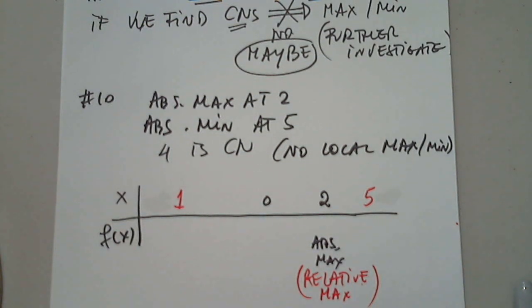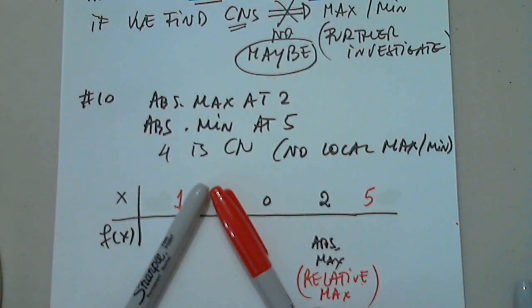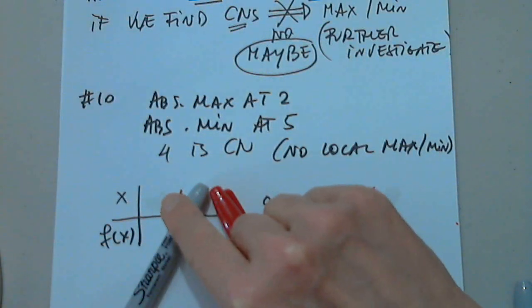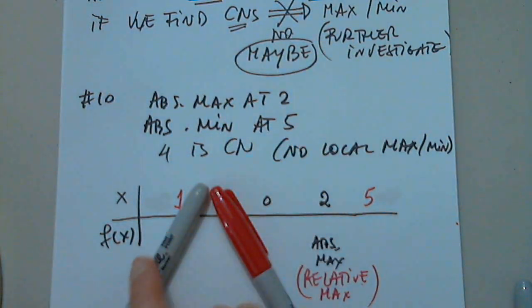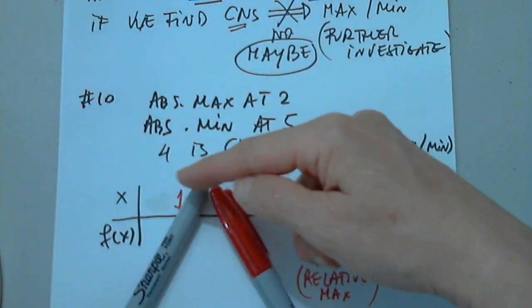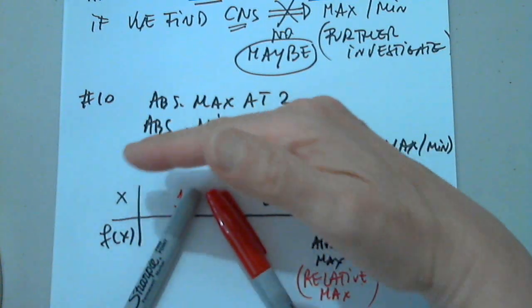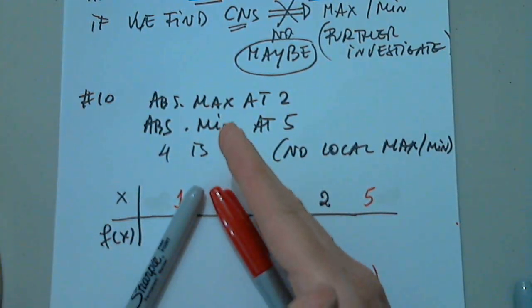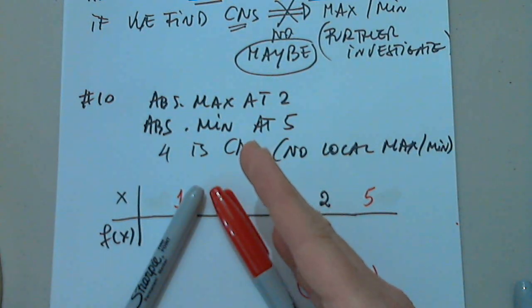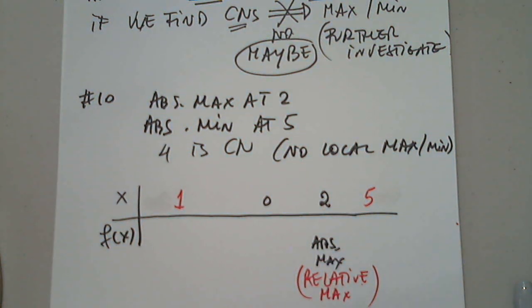As we discussed, for an absolute max or a relative max, the function has to increase, in other words have a positive slope, then reach a 0 slope, and then continue with a negative slope. So this is the absolute max, and it has to be a relative because it's not at 5 and it's not at 1. We took care of that.